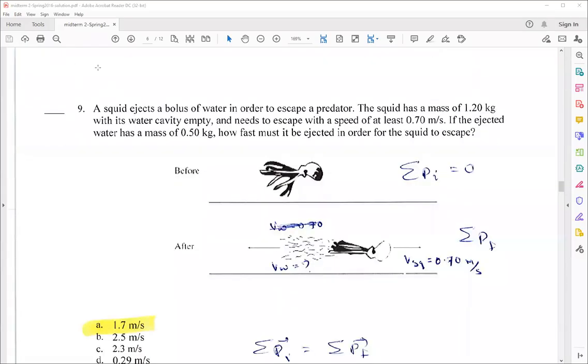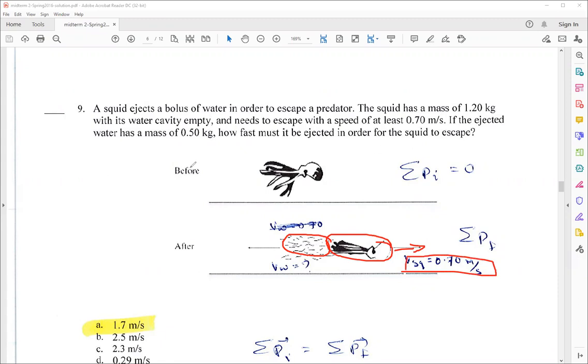Now, question 9. We had a very similar question in midterm 2017. Now, we're looking at the squid, okay, and the speed at which the bolus of water must be ejected so that the squid can escape at a speed of 0.7 meters per second.